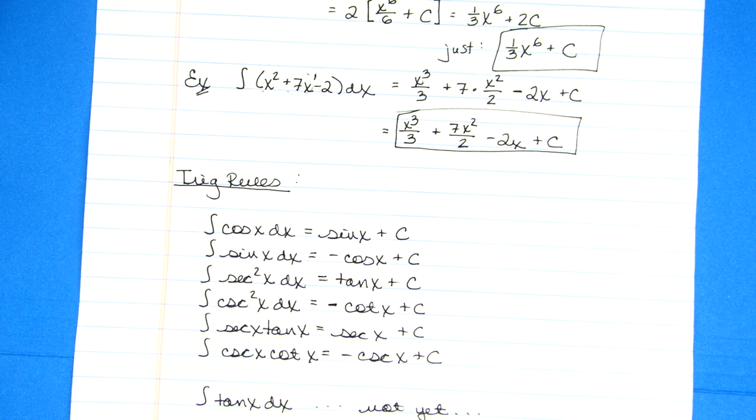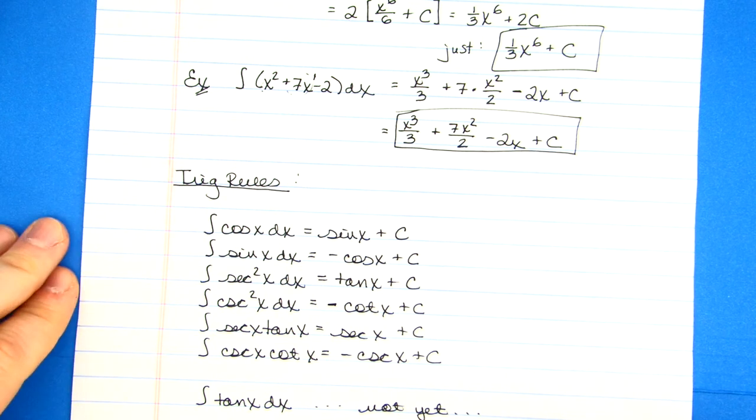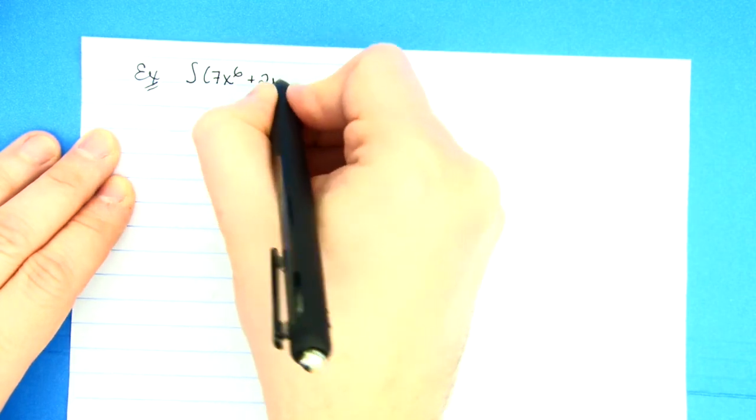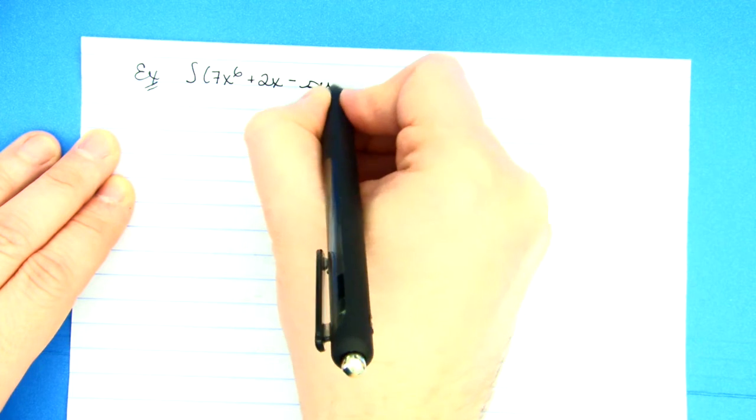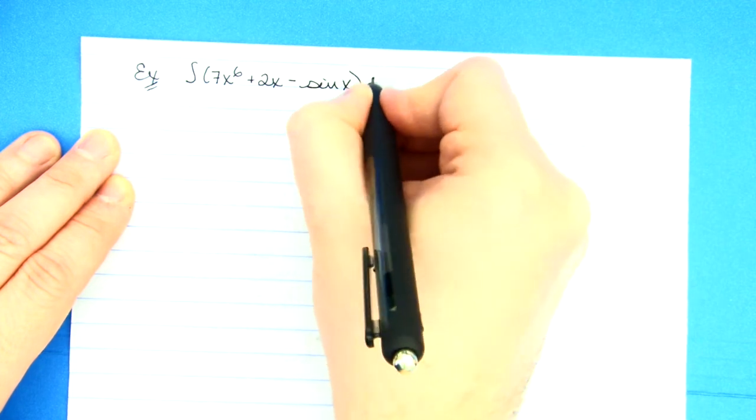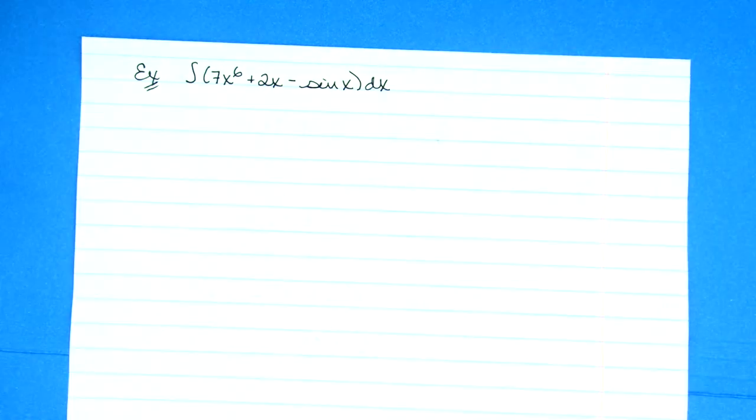Okay, so I think it's time for us to start trying some integrals now. Let's start with this one, the integral of 7x to the 6th plus 2x minus the sine of x dx. See what you can do.